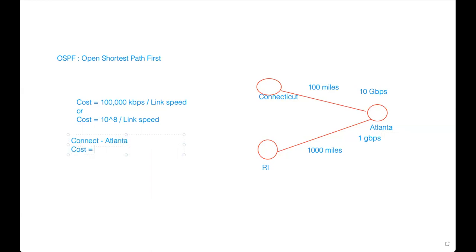Cost equal to 10 to the power 8 divided by 10 Gbps. The link speed is 10 gigabit per second. So 10 gigabit per second will be cost equal to 10 to the power 8 divided by 10 into 10 to the power 7.